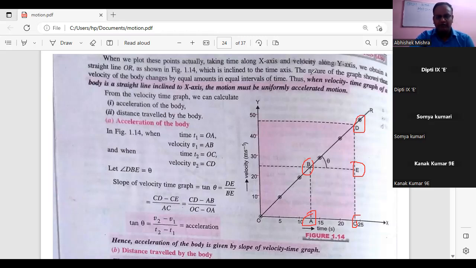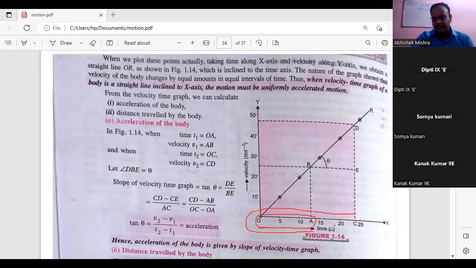See, time T1. What is the value of T1? Here in the diagram T1 is hidden, but tell me, what will T1 be? OA. Very good. And what will be T2?